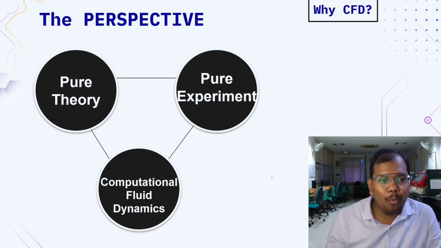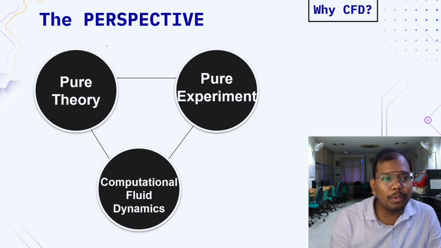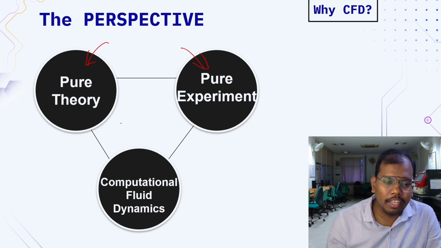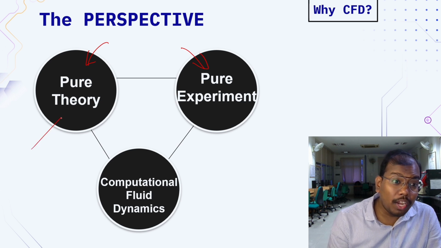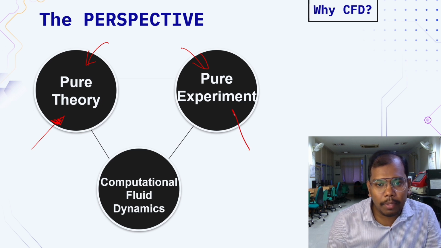Moving on, what CFD does is it bridges the gap between pure theory and pure experiment. Before the advent of CFD, people were not able to correlate the principles available in theory with the principles available in experiment.